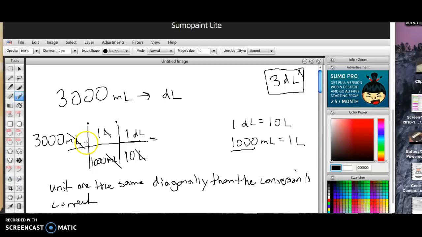So that's why we have to multiply first. So it's going to be 3,000 times 1, which is 3,000 deciliters. 1,000 times 10, 10,000 milliliters. 10,000, excuse me.